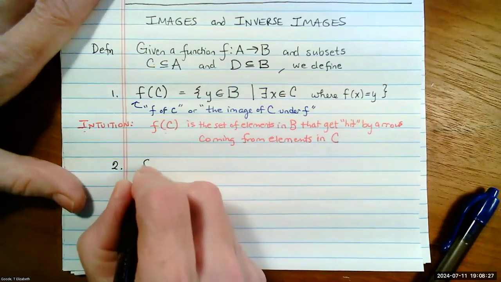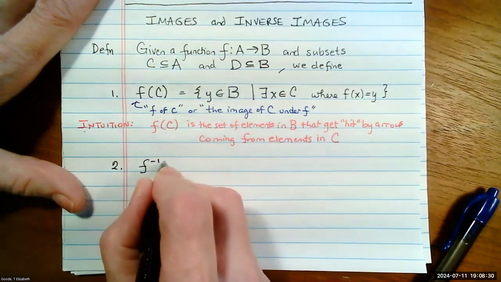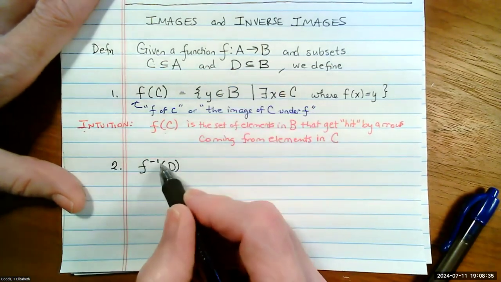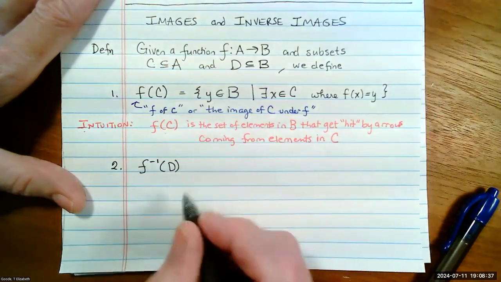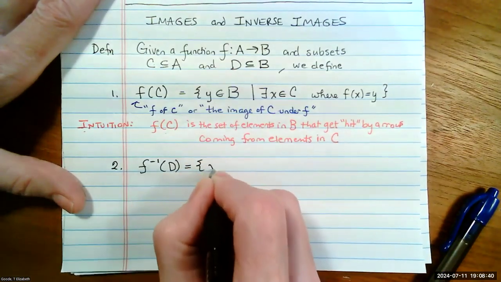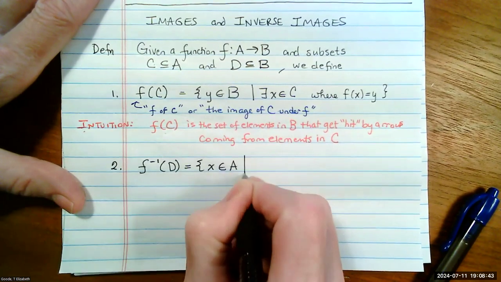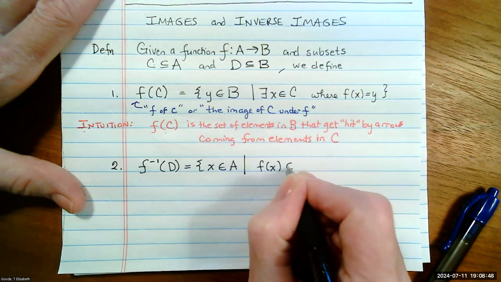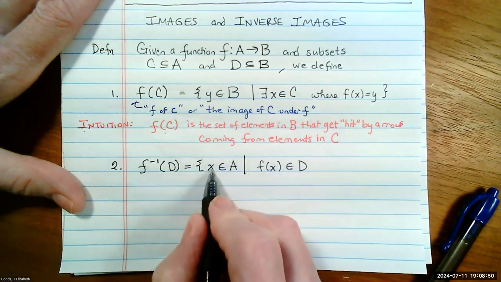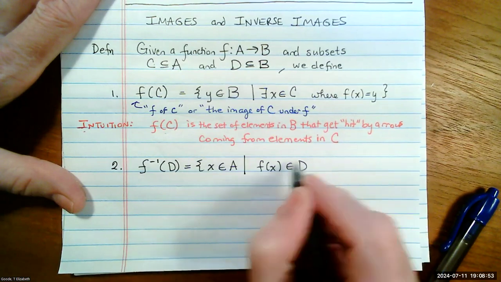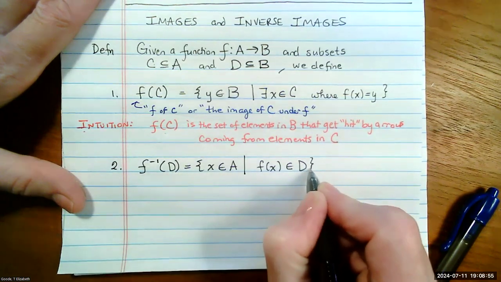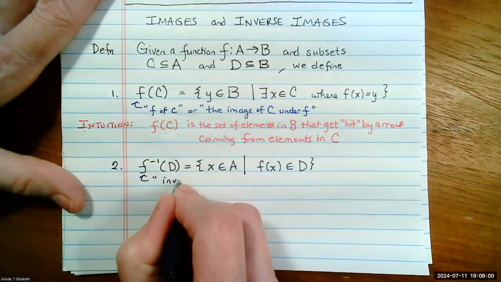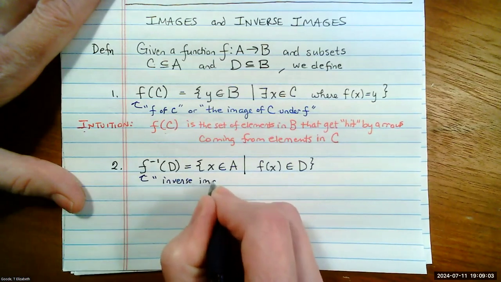Okay. And of course we'll look at examples, but let's go ahead and get the other definition, the inverse image of D, f to the minus 1 of D. Remember, D is a subset of the codomain. So when we see f to the minus 1, we're looking backwards. It's the set of x in A such that f of x is in D. In other words, it's the x's in A whose arrows wind up inside D. So the way we read this is the inverse image of D under f.